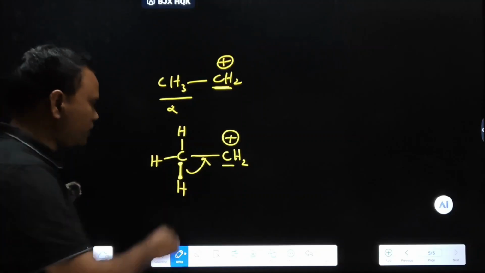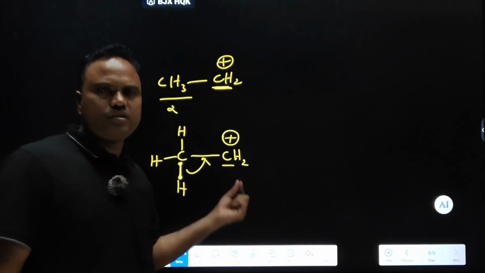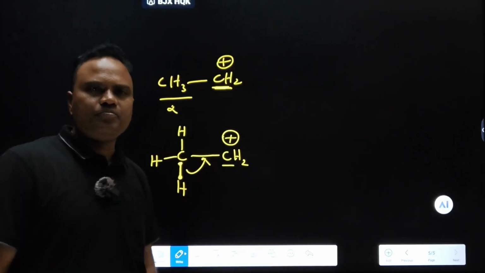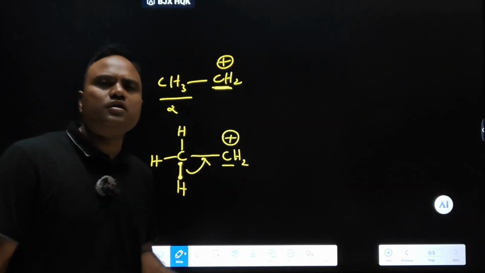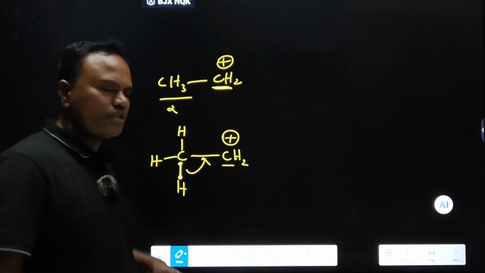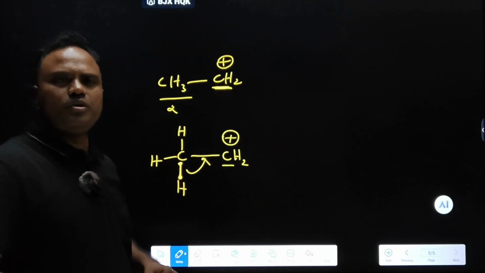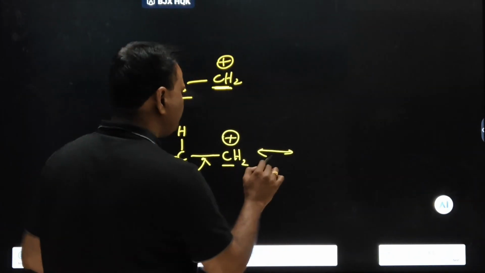This phenomenon, shifting of carbon hydrogen sigma bonded electrons towards electron deficient site, towards carbocation, is called as hyperconjugation. Why carbon hydrogen sigma bonded electrons are shifting? Because this is electron deficient. That's why these carbon hydrogen sigma bonded electrons are shifting. After shifting, what happens? Look at this.